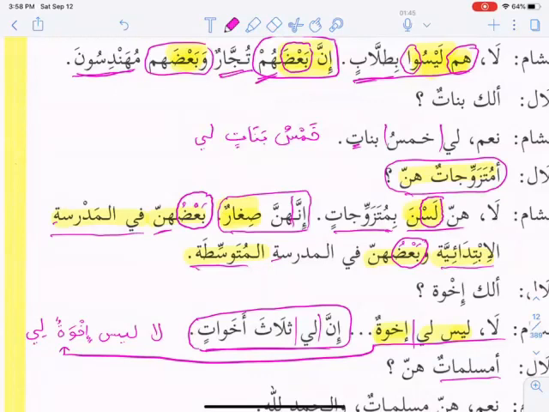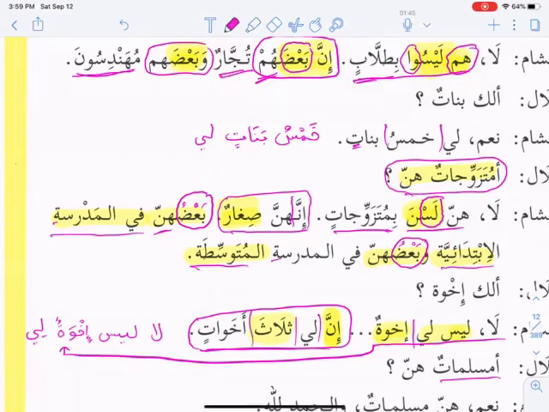I have 3 sisters. Now here, inna, where is the ismu inna? You got to watch for it. Ismu inna is salasa, and it is mudaf, and then this becomes mudaf ilayhi.